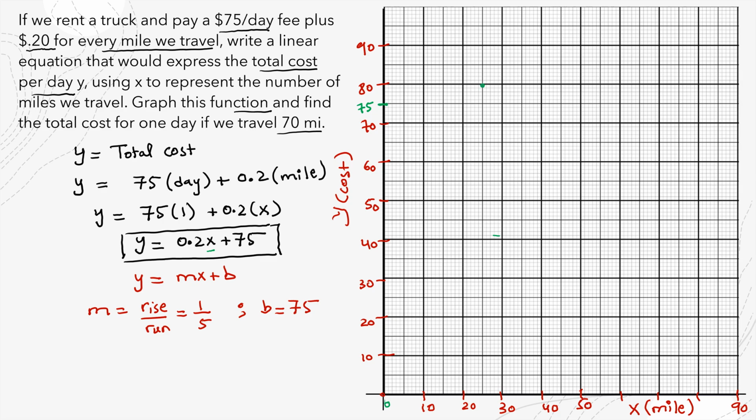Same way, 1, 2, 3, 4, 5, and 1 up. Again, 1, 2, 3, 4, 5, and 1 up. Okay, so here you can see I have identified 3 points using my rise over run.